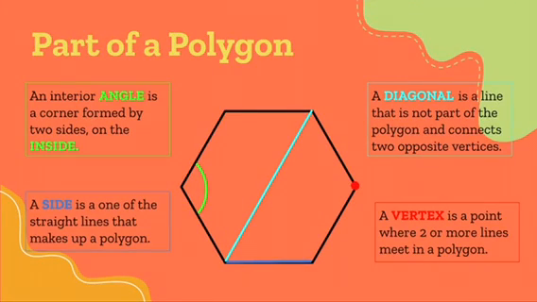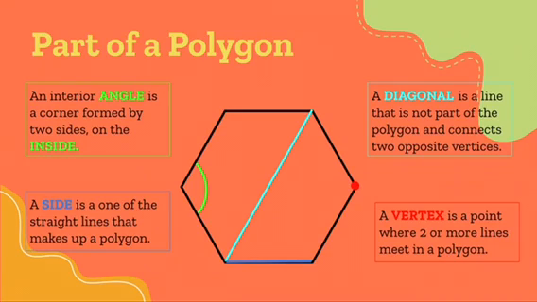So here are the parts of a polygon that you'll probably need to use later in school. So here in the green we have an interior angle, which is formed by 2 sides connecting and making an angle on the inside, kind of like a slice of pizza. Here in the dark blue we have a side, which is one of the straight lines that make up a polygon.